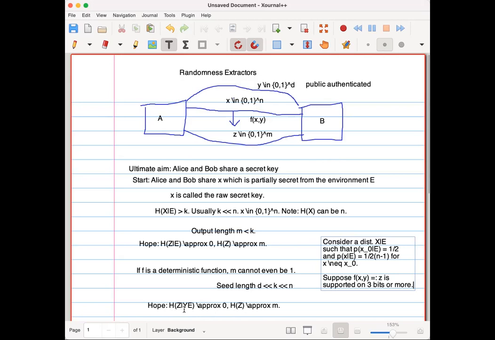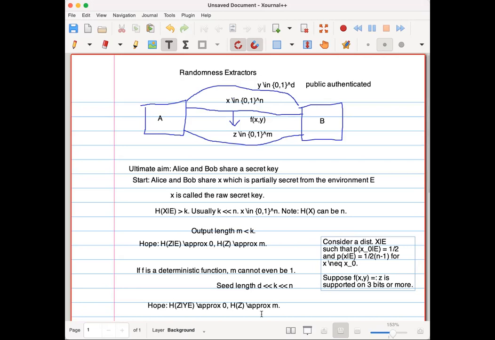If Z looks completely random given Y and E, and Z is uniformly distributed on 3 bits, all that the environment can do is random guessing. The environment has no information about Z, and randomly guessing a uniform bit string on 3 or more bits succeeds with probability at most 1/8.